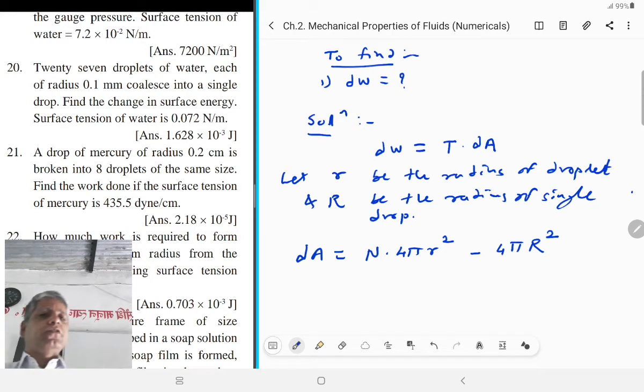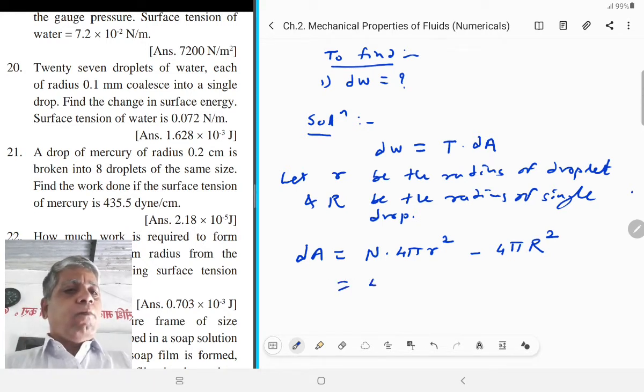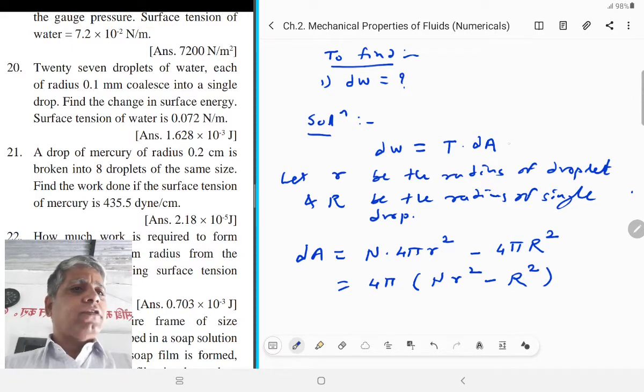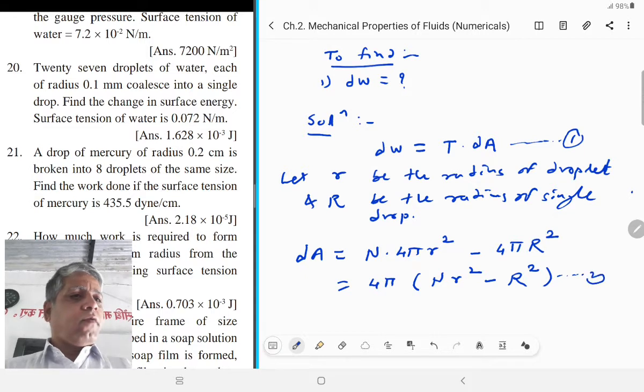This is the change in surface area, that is equal to 4 pi into bracket n into r square minus capital R square. Let the change in work done or surface energy be equal to surface tension into change in surface area; this equation is considered equation 1. This equation is considered equation 2.